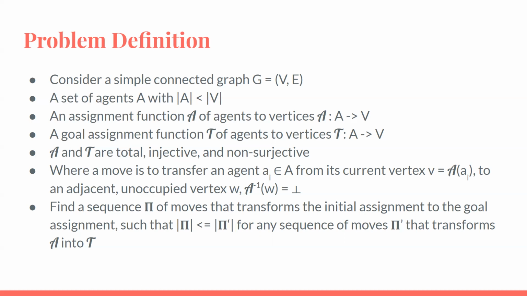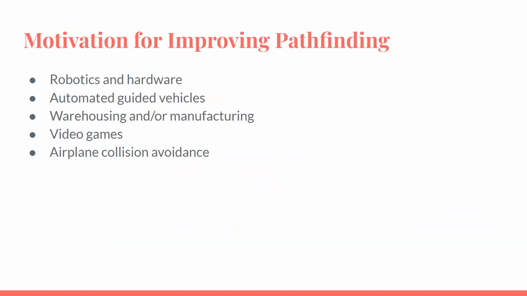Now, this problem can be defined as an optimization problem, where optimal is referring to a solution consisting of a minimal number of moves. So we're trying to do this in as few moves as possible and as fast as we can. Some motivations for improving on pathfinding and optimizing it in general.